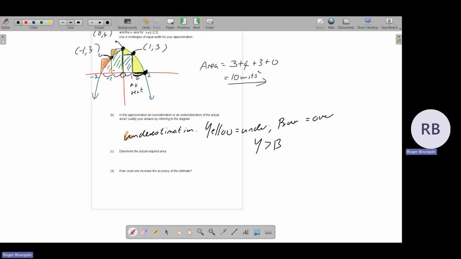How would I find the actual area? The integral between what? Of what function? X squared plus 3x.